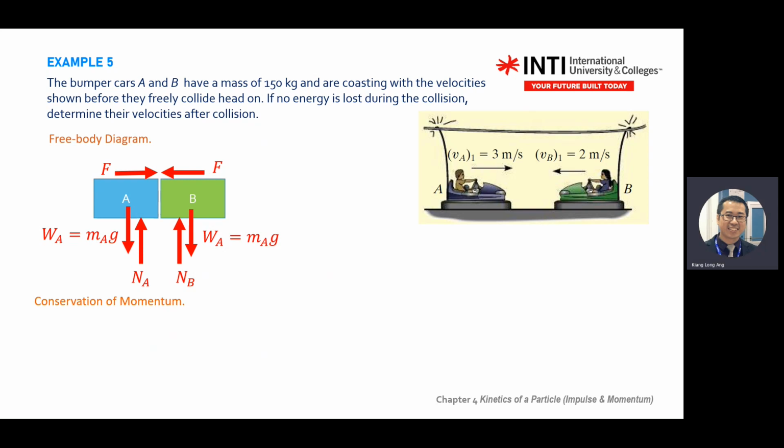It doesn't give you a friction coefficient, which means you don't need to find friction. Very easy, right? So you see, no friction coefficient means you don't need to find friction. So how many forces do you have? 1, 2, 3. 3 forces for each body. Total you have 6.